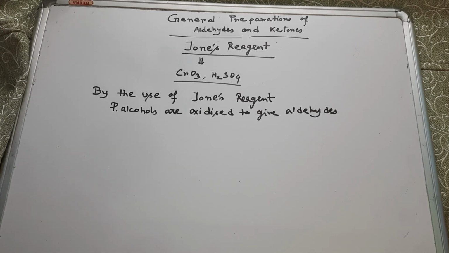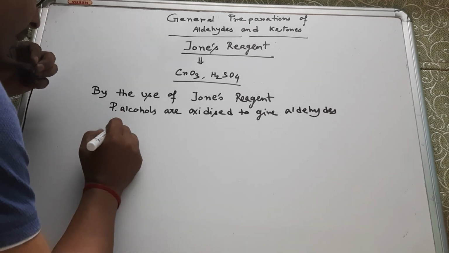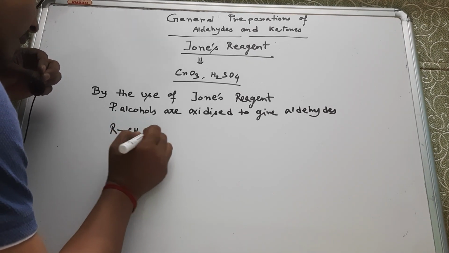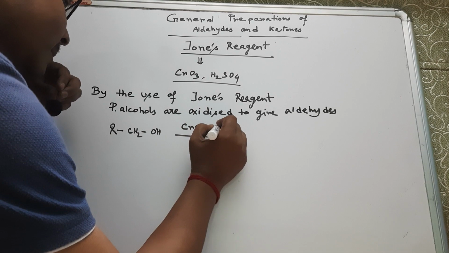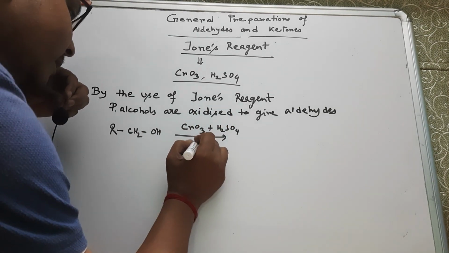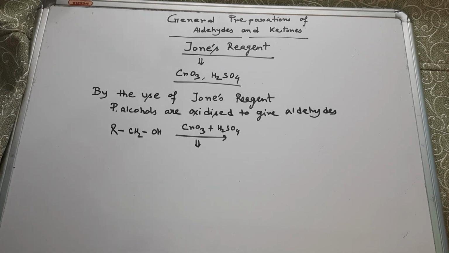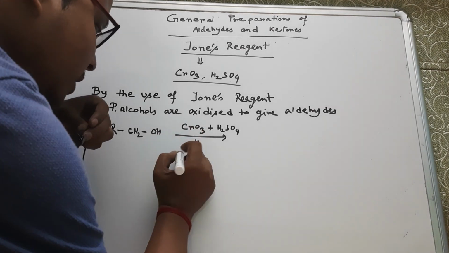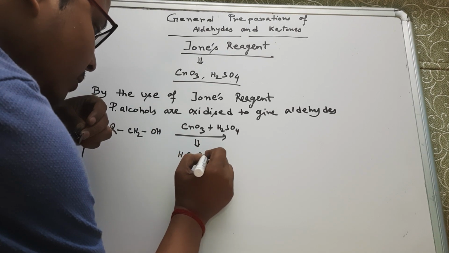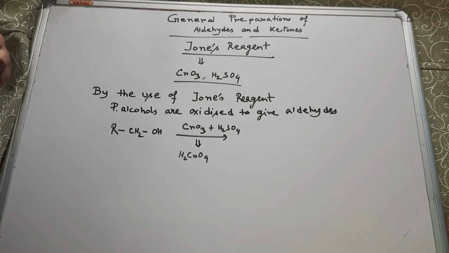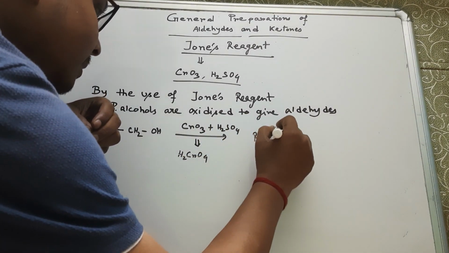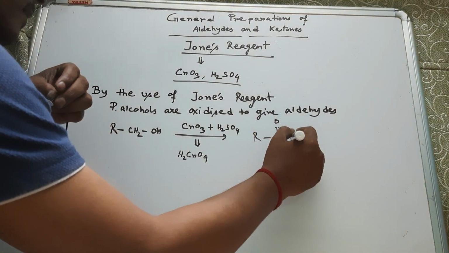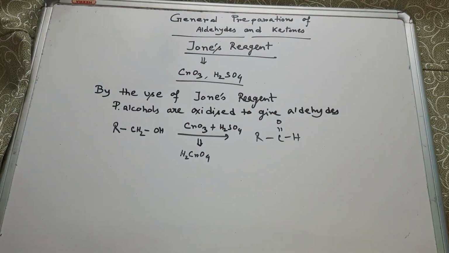So the primary alcohol is R CH2OH, and Jones reagent is CrO3 plus H2SO4. By the use of CrO3 H2SO4, actually H2CrO4 is produced. It is the main oxidizing agent. So it will give RCHO, aldehydes.